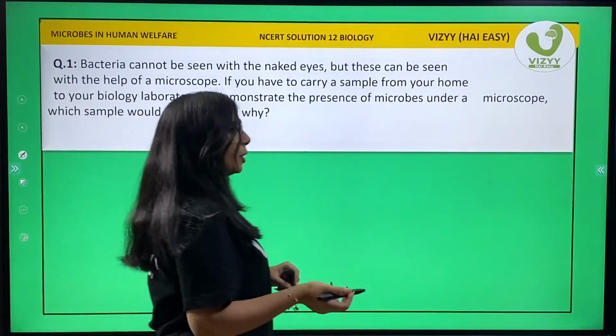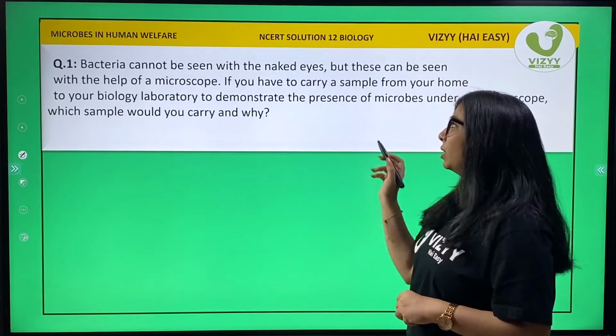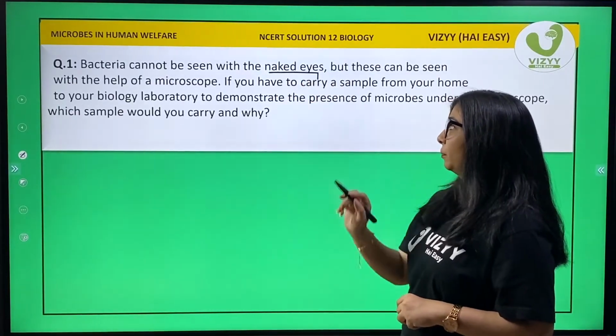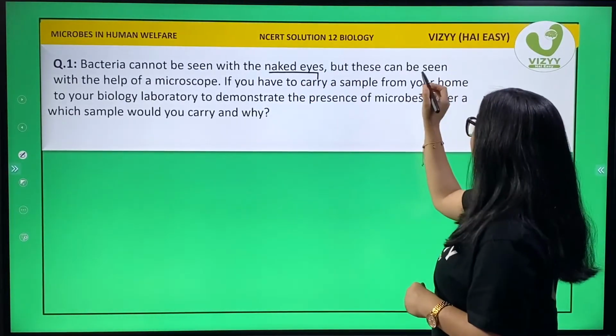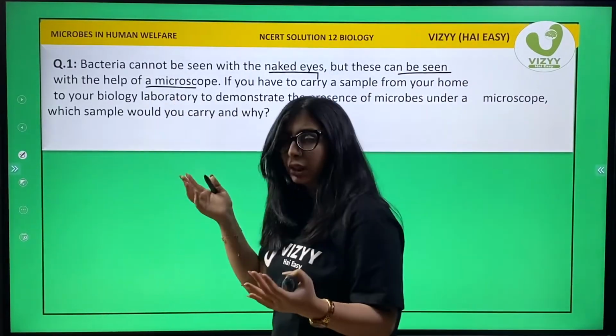Question 1 over here says, bacteria cannot be seen with naked eyes, but these can be seen with the help of a microscope.